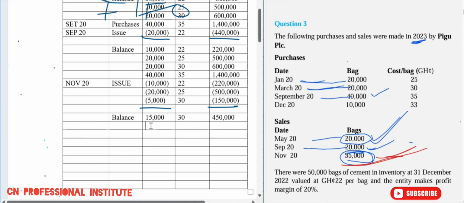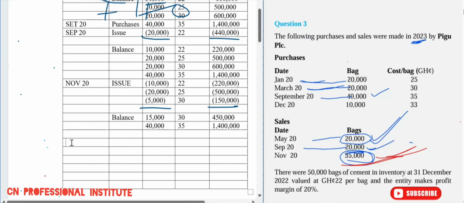And then we are going to have 40 at 35, and that gives us 1,400,000, if I'm right. Yes, it's supposed to be 1,400,000. That's 40,000 at 35. So this is the balance after our sale.